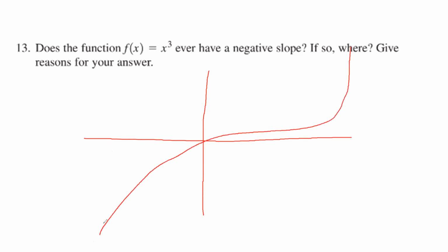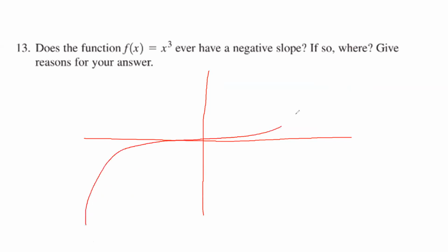It crosses at 0, 0. Actually, no. It doesn't have a negative slope because if you read it from left to right, it's always increasing.